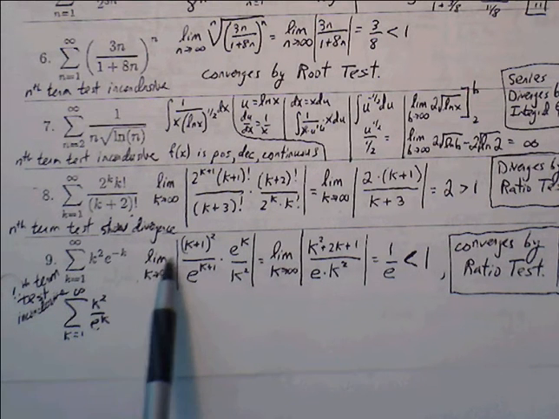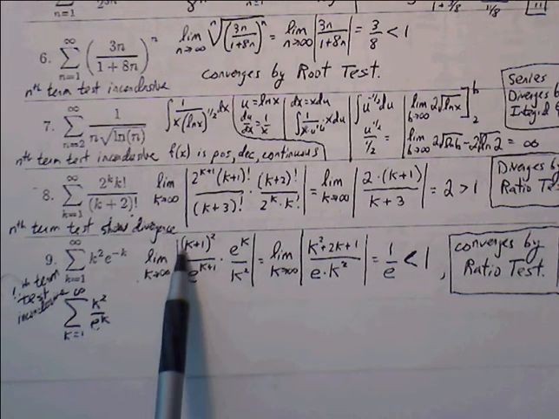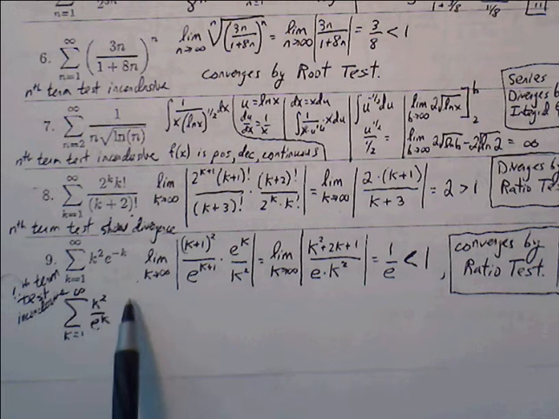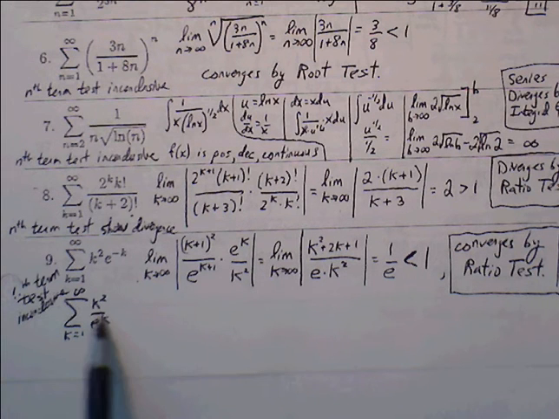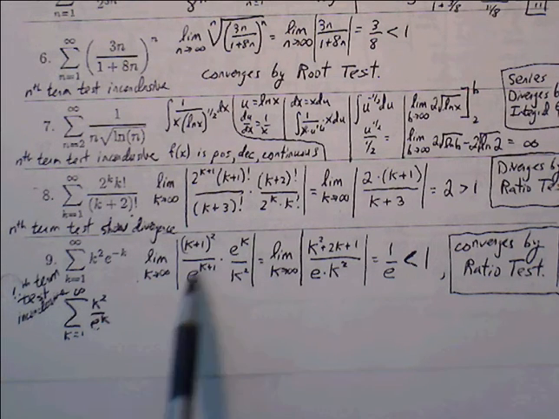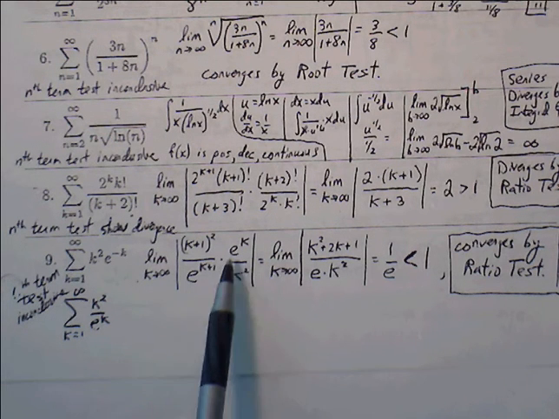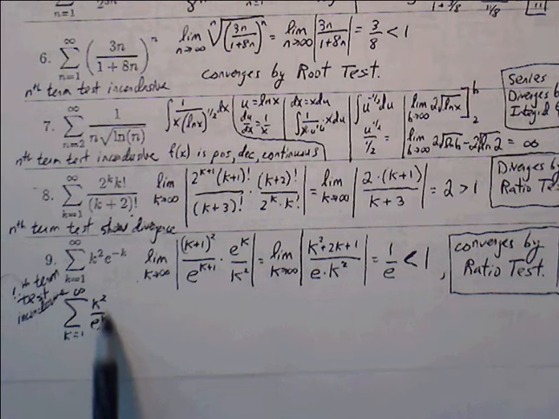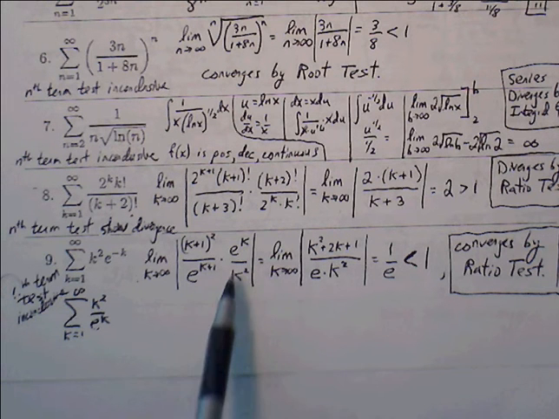So let's take the limit as k approaches infinity of a sub n plus 1 divided by a sub n. A sub n plus 1 is just adding 1 to the k term, so k plus 1 squared over e to the k plus 1, divided by a sub n. Dividing by a sub n is the same thing as multiplying by the reciprocal. Next we look to see what we can clean up.